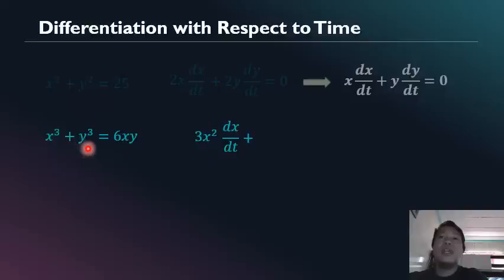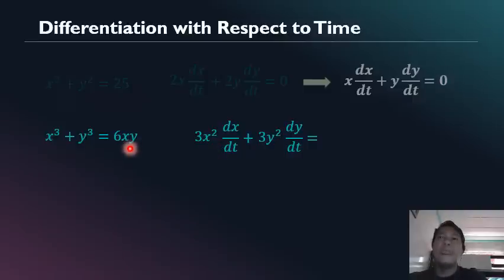Okay? Now, how about the second term? What is the derivative of y cubed with respect to t? So, una, ano muna yung derivative ng y cubed with respect to y? So, that is 3y squared, no? However, after that, you multiply it with dy over dt. Bakit? Kasi yun ang sabi ng chain rule, nagdi-differentiate tayo with respect to t. Now, how about this term?